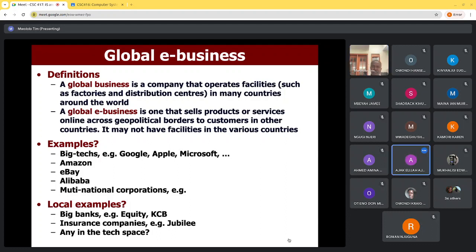We can talk of Safaricom because they're operating in Ethiopia. Although the Ethiopia business, from what I've heard, is kind of separate. It's not quite linked to the Safaricom in Kenya.